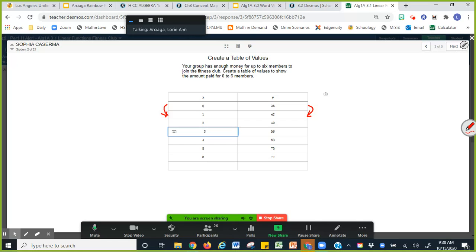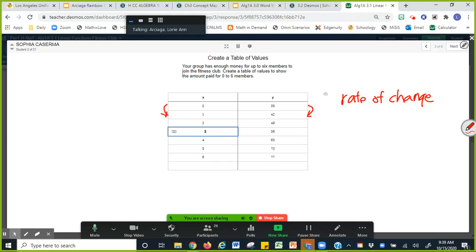Okay, so when you are trying to compare, what is the slope really? Slope is just a rate of change. So by how much is your cost or amount paid changing with respect to the number of members?